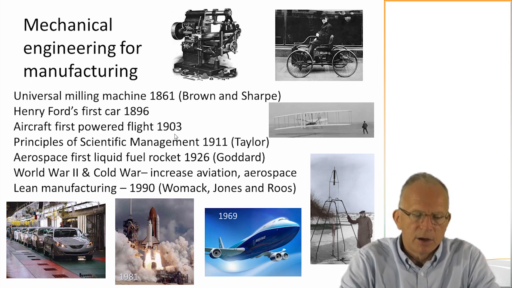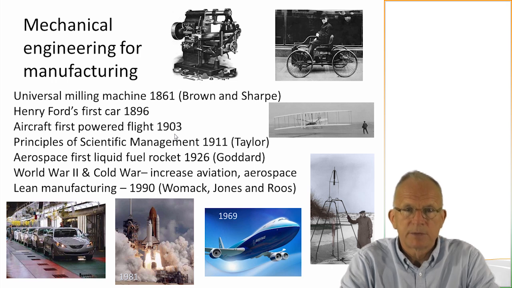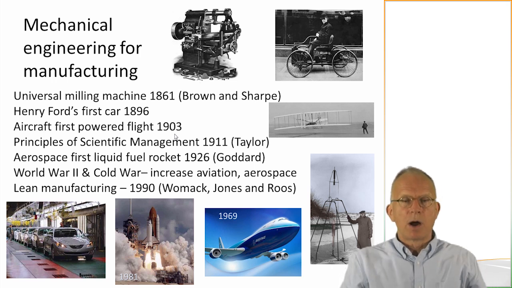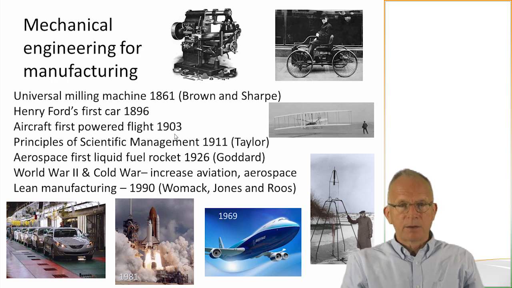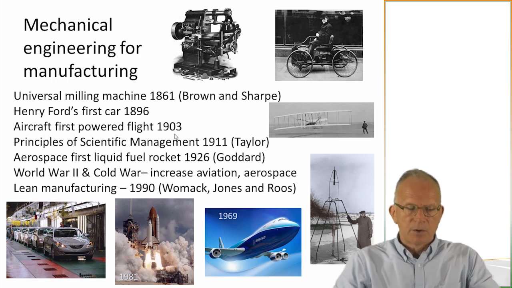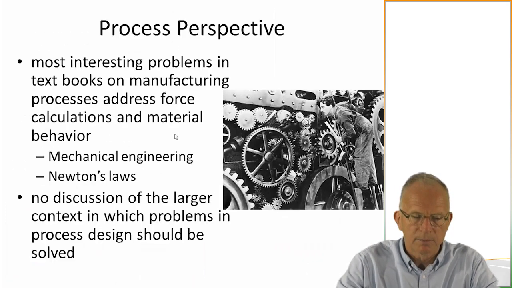In 1990, though, the United States has lost much of its advantage in manufacturing, and a group out of MIT starts looking to see what has happened to the American car industry and why it is not as competitive as it used to be. Why does it not dominate North America as it used to? And so then they come up with lean manufacturing.